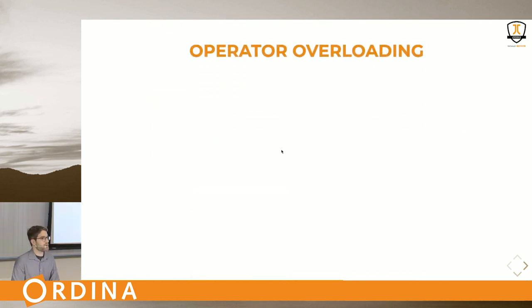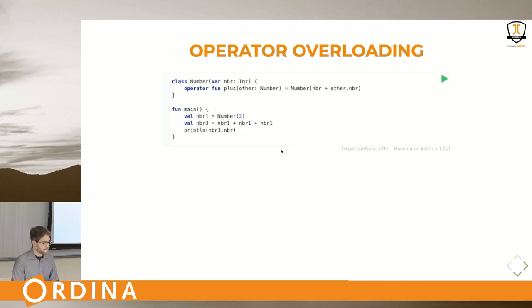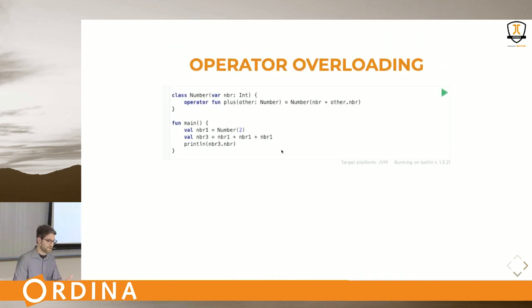Then operator overloading, this is something we already briefly mentioned. Oh, yeah, sorry, I can't see it on my screen. Okay, operator overloading, it's nice. Basically what it does is you can define operators not only for primitive types, but you can define them also for objects. So let's say we have a number class and it just takes one value, which is the number.